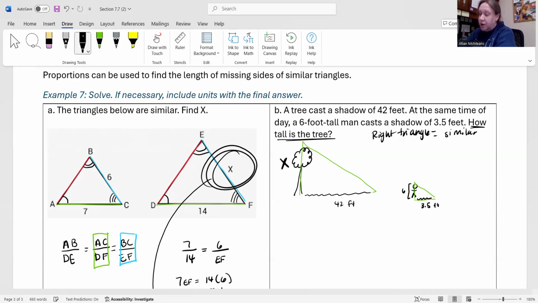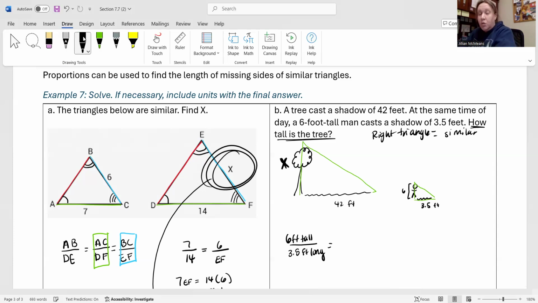Well, we don't know. But we do know that when we're dealing with similar figures, their corresponding sides are in the same ratio. So we take what we absolutely know. We know without a shadow of a doubt the height of the man and the length of his shadow. So we're going to say that the guy is 6 feet tall and his shadow is 3.5 feet long.